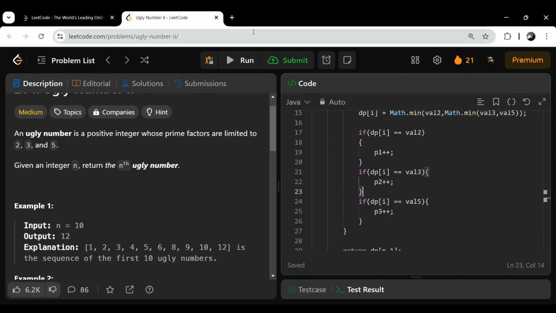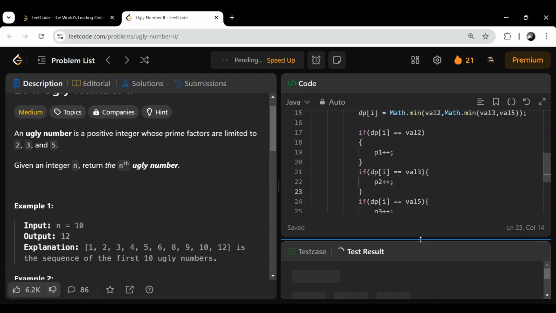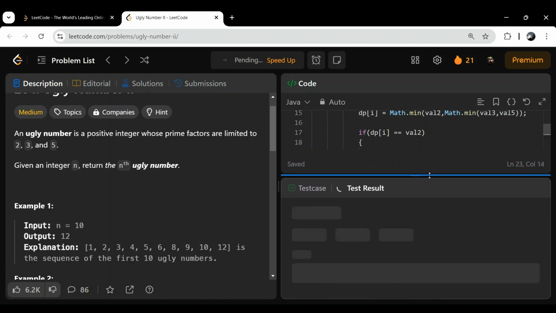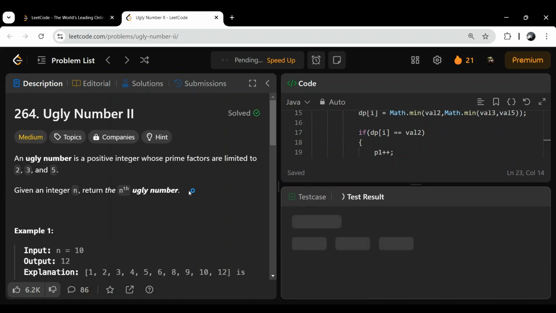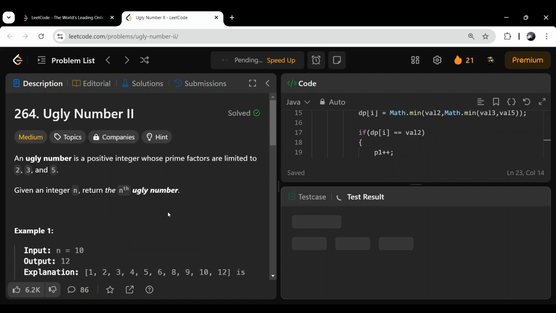Okay, so let's run. In this way you can solve this question. It is taking some time.